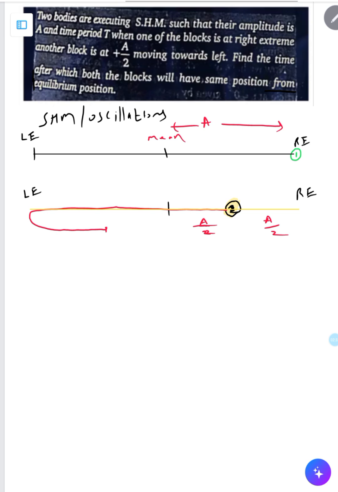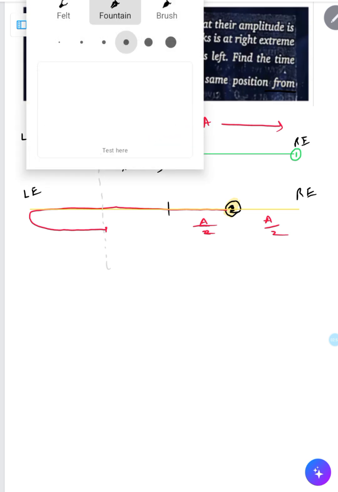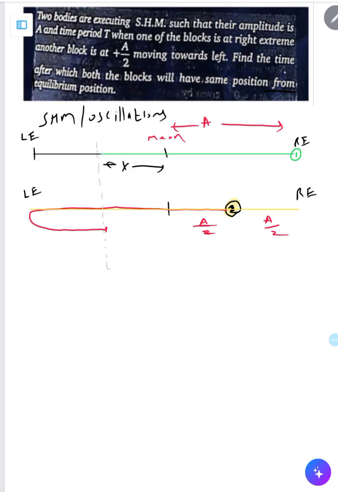Okay, fine. So now, what about the particles? Particle 1 will start like this. Somewhere they'll meet here, at a common point. The time is what is being asked. So what about this distance? Let this distance be x.